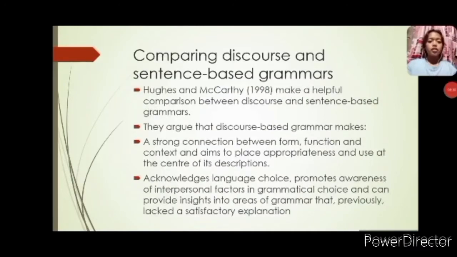Comparing discourse and sentence-based grammars. Hughes and McCarthy 1998 make a helpful comparison between discourse and sentence-based grammars.